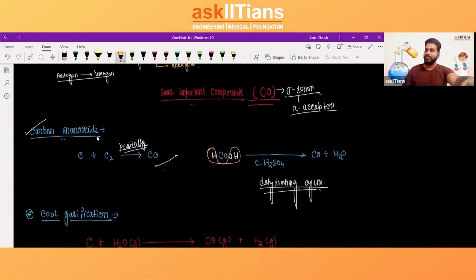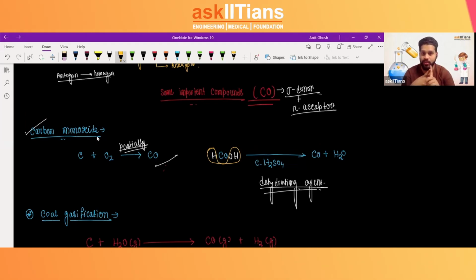Mainly we don't use pure CO in industries because CO is very harmful for us. In the end of the day, in order to make any chemical substance, the major target is that we are going to utilize it to make something else, right? So CO is being utilized to make a lot of things.